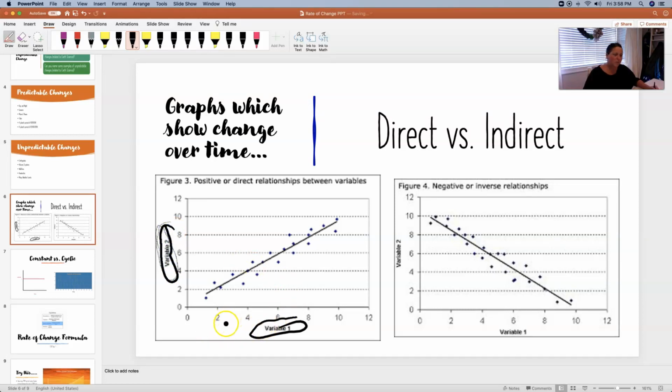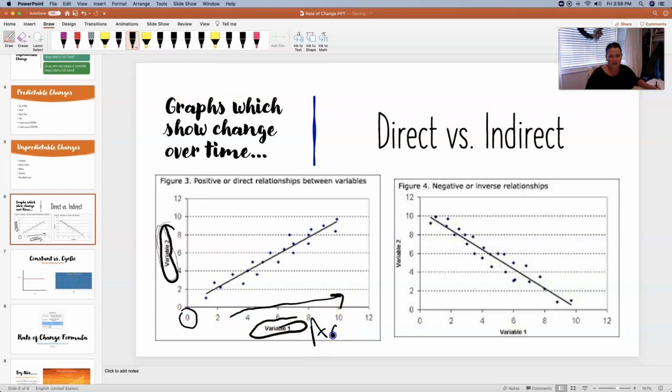Say I was plotting height with age, and on the bottom here, this is your age over 12 years. So it goes from birth at 0 here, and your age is increasing as you go across the x-axis.